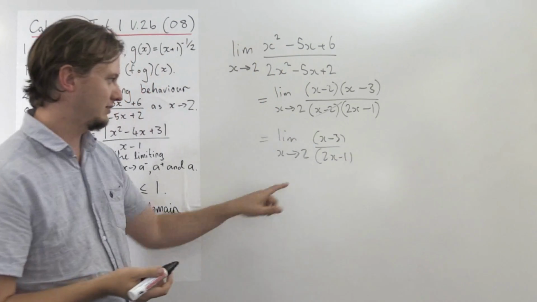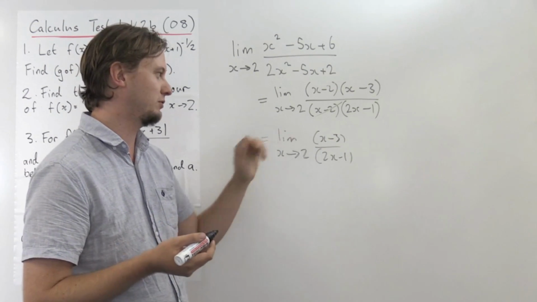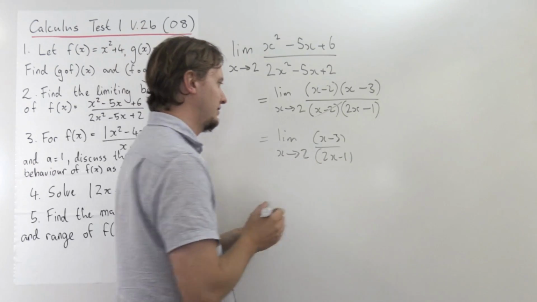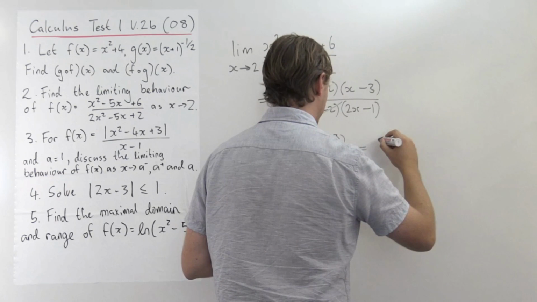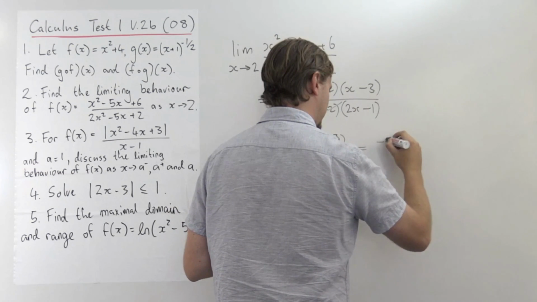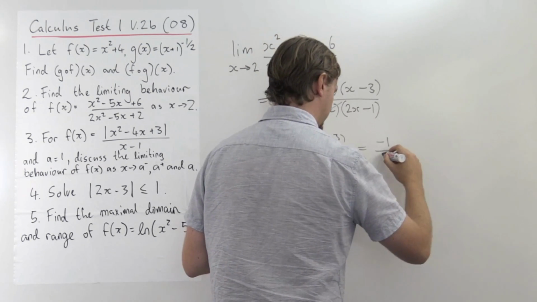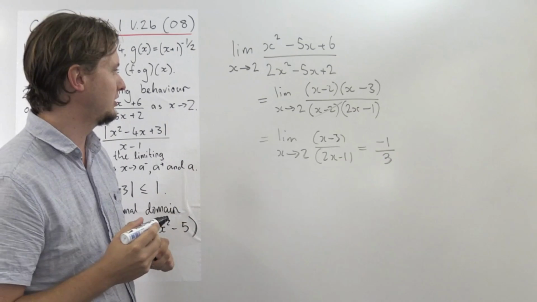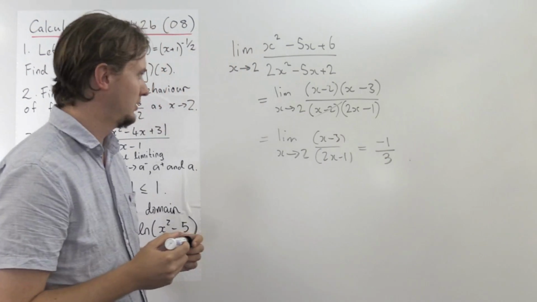And in this case, this approaches a non-zero number. This approaches a number as well, but the important thing is this is non-zero. And there's a theorem that tells me I can just plug it in now. So this becomes 2 minus 3, so minus 1, over 4 minus 1, which is 3. So I find that this function, as we're approaching 2, approaches minus 1/3.